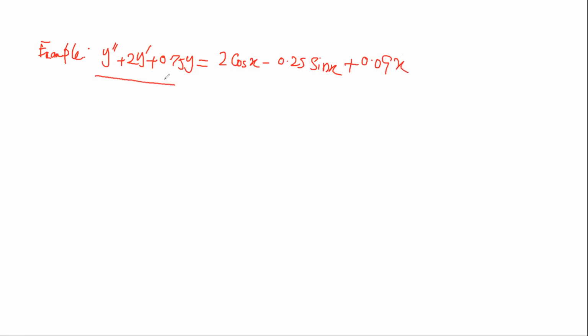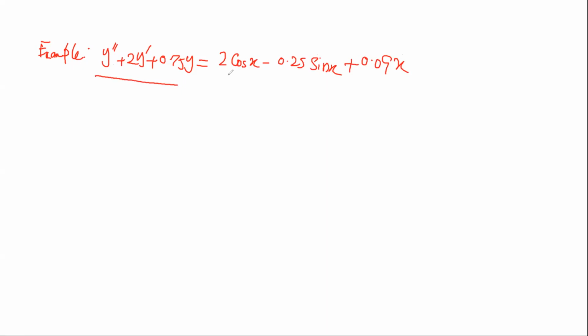Suppose you have an equation y double prime plus 2y prime plus 0.75 y is equal to, now the non-homogeneous term on the right hand side is 2 cosine x minus 0.25 sine x plus 0.09x.